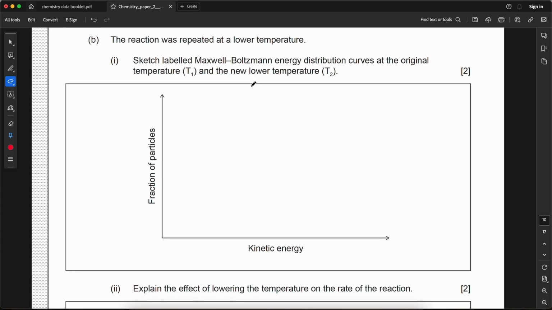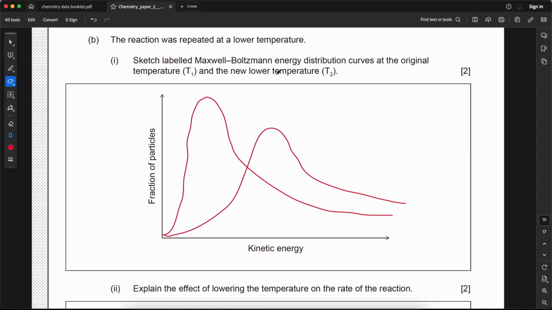The reaction was repeated at a lower temperature. Sketch and label Maxwell-Boltzmann energy distribution curves at the original temperature T1 and the new lower temperature T2. Okay, so Maxwell-Boltzmann, always the first one will be like this, and the second one is a bit lower. So the new lower temperature will be T2, and this will be T1 because this one is lower temperature.